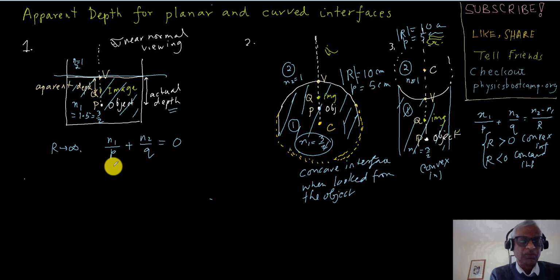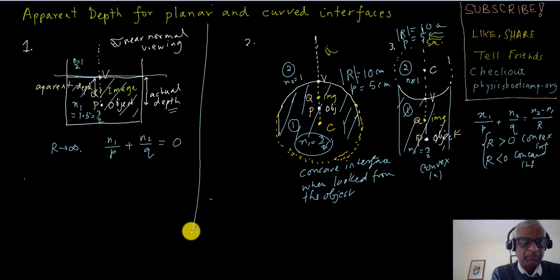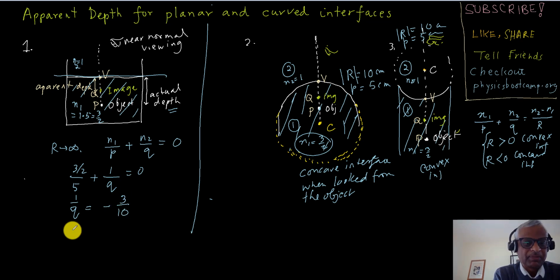So n1 over p. Coming back to this problem, it is quite easy to do when you think about it. So this is 5, n1 is 3/2, plus n2 is 1 over q equals 0. So 1 over q equals minus 3 over 10, so q equals minus 10 over 3, which is minus 3.3 repeating.